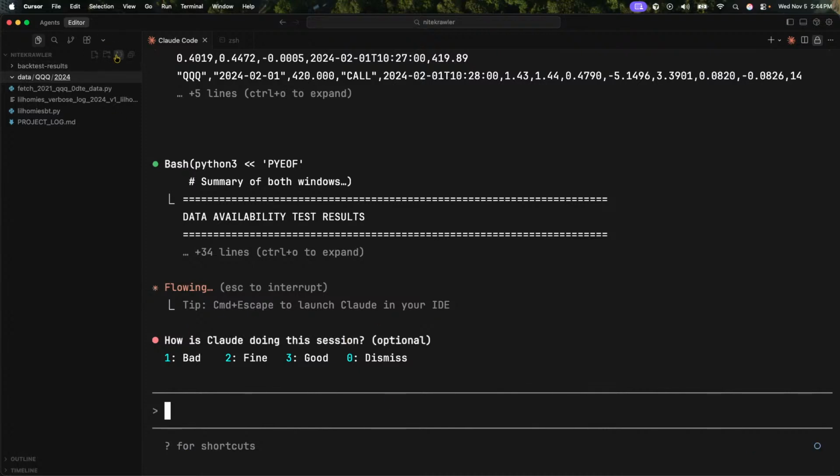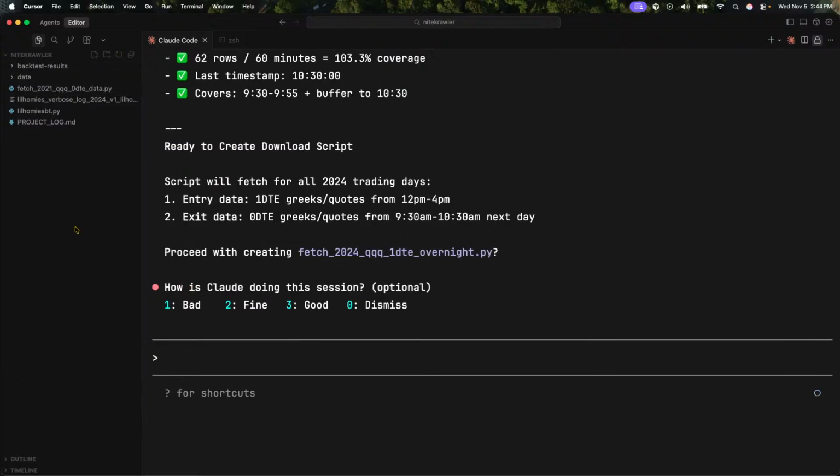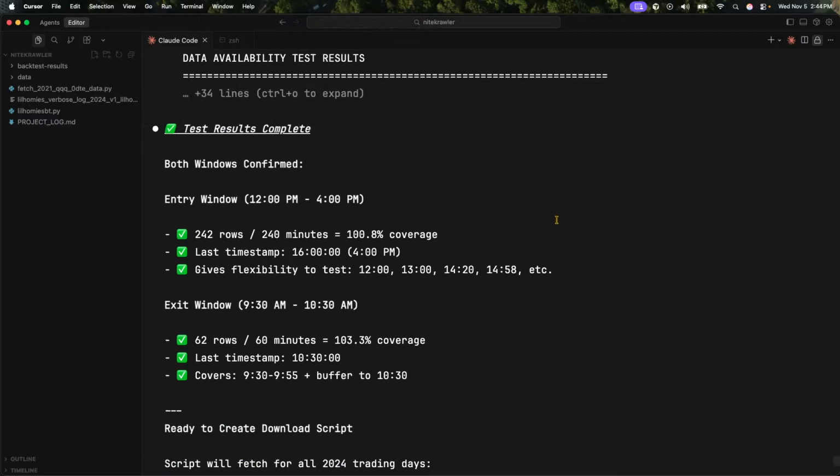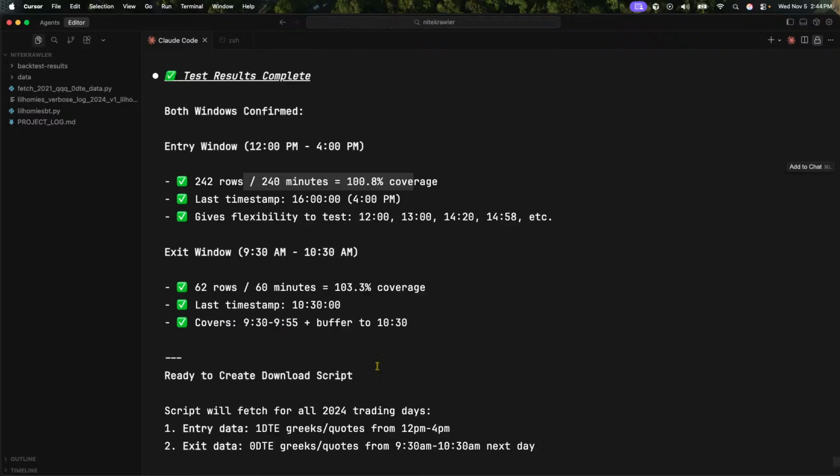Beautiful. Thank you. All right, entry window. Okay, 240 minutes, 108% coverage. I love that. Gives flexibility to test 12, 13. Okay, beautiful.